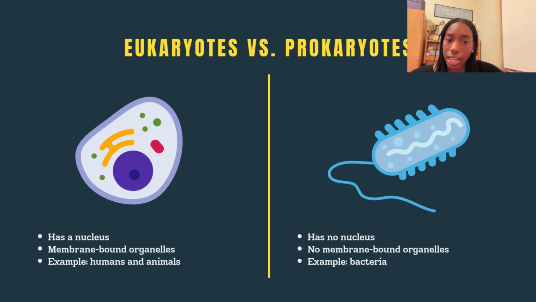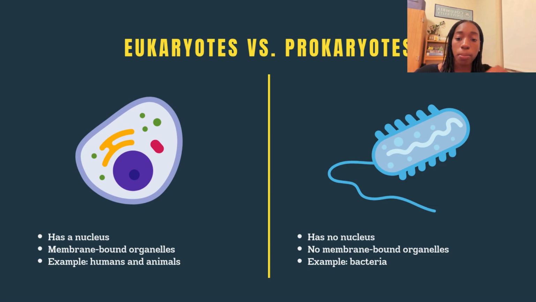One way to think about the differentiation between membrane-bound organelles or no membrane-bound organelles is like a cubby or a compartment system, whether you have some sort of organizational system in your room or on a desk, where you can put all pencils in one area or all markers in one container, all crayons in one container.